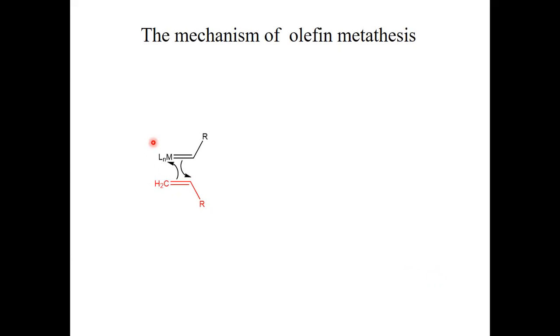So our catalysts are all carbene catalysts, so they have a metal carbon double bond, and that metal carbon double bond can react with an olefin in a 2+2 cycloaddition reaction. So that forms a 4-membered ring here, and that 4-membered ring is strained.